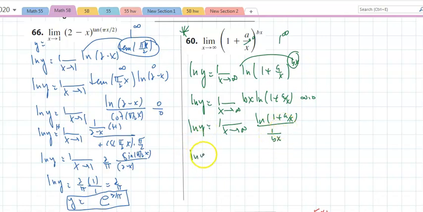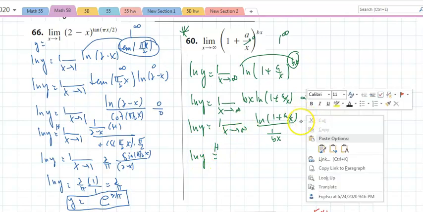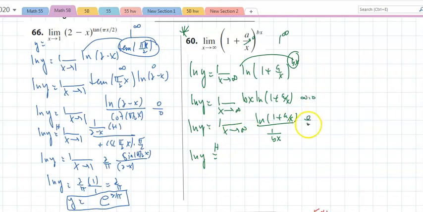So natural log of y equals, by L'Hopital, because now this is 0 over 0, the limit as x approaches infinity. This will be 1 over 1 plus a over x times negative a over x squared. Derivative of this will be 1 over b, you leave it alone, times negative 1 over x squared.